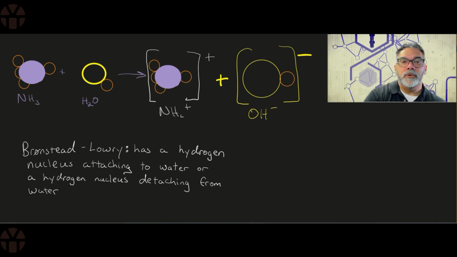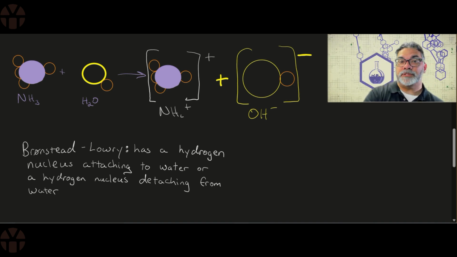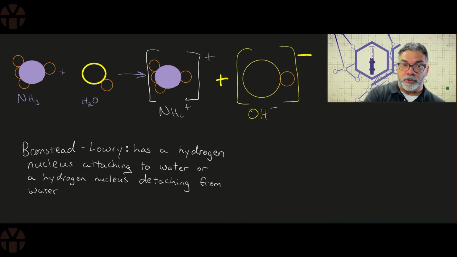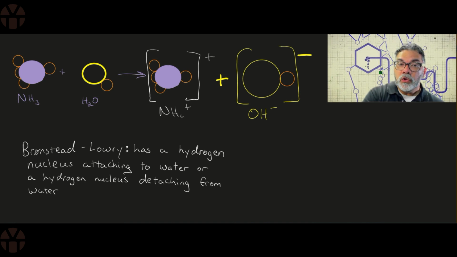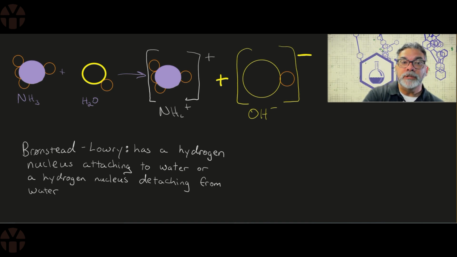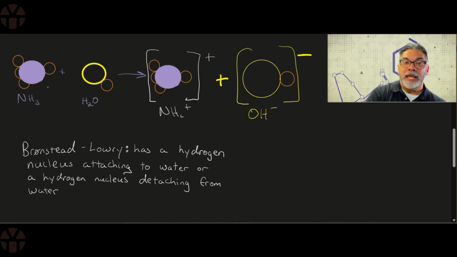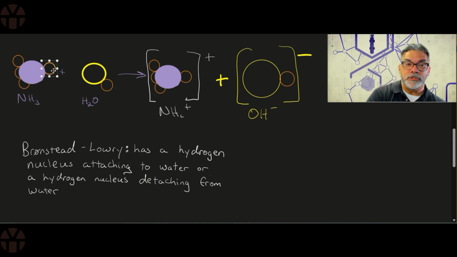Now the last thing you want to be aware of is that if a substance that accepts a proton is considered a base and one that donates a proton is considered an acid, then we now have a new way to identify a bunch of chemicals. So in this scenario, it seemed like the ammonia acted as the proton acceptor.